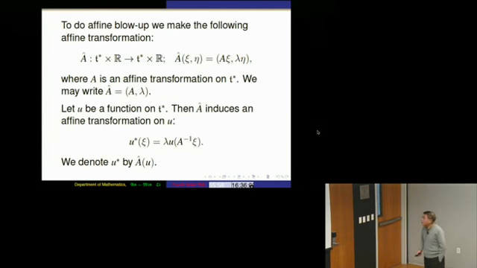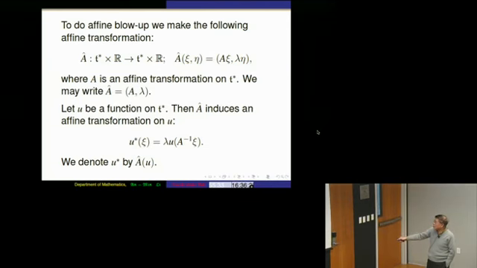To do the affine blow-up, we make the following affine transformation, like this one, T star R, given by a constant matrix, with lambda a constant, where A is an affine transformation on this space.